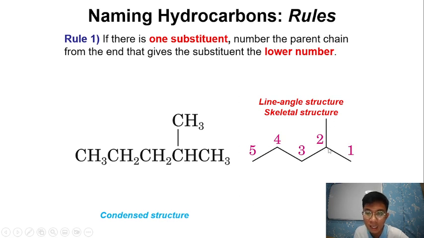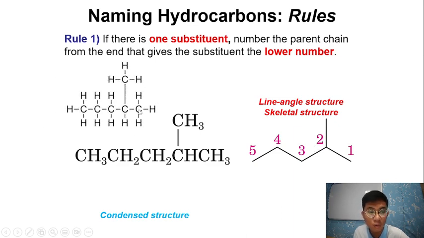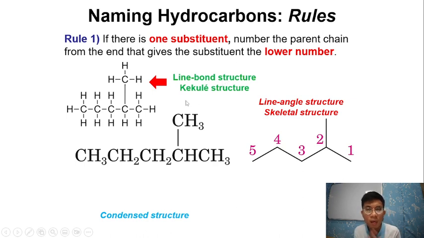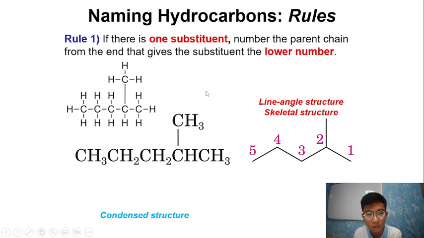Line lang siya. And hindi siya basta-basta lang, angle siya. Okay? So, itong condensed structure, ito yung original niya. Di ba? So, when we say condensed, ito ang important. This is CH3, this is CH2, CH2, etc. So, again, this is just your line bond structure. Doon sa ating discussion ngayon, we'll focus more on condensed structure and line angle or skeletal structure.